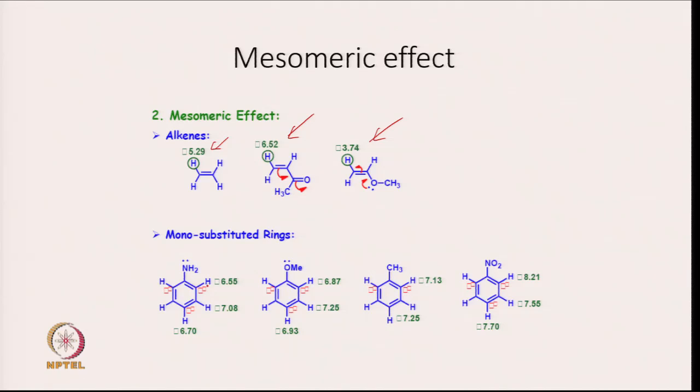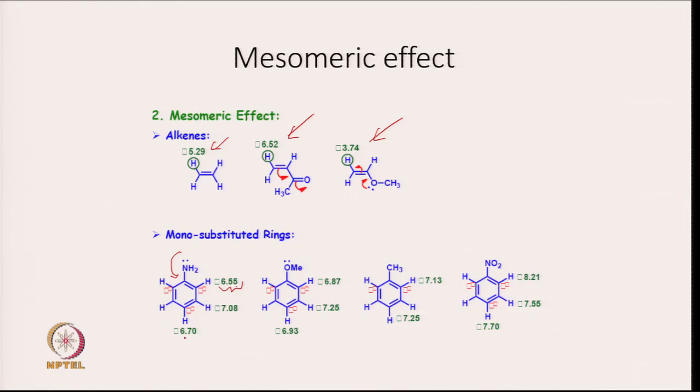For substituted rings, again you can think of it the same way. A proton which is attached here comes at 6.55 because this electron is getting donated, and the effect will be more at the ortho position or para position if you take the mesomeric effect into account.